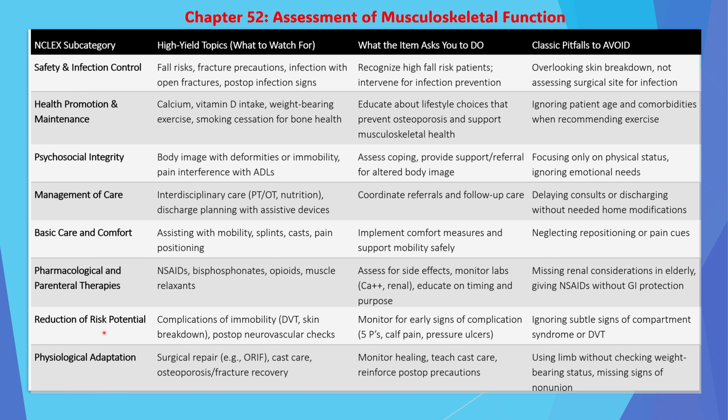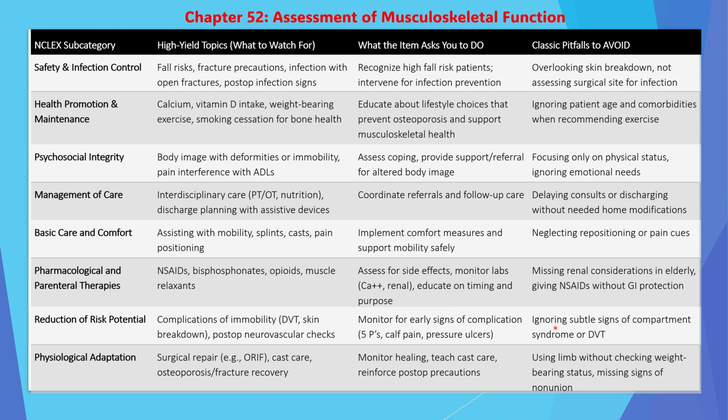Reduction of risk potential, complications of immobility: DVT, skin breakdown, post-op neurovascular checks. Items to do: be careful with the 5 P's, pain, pressure ulcers.